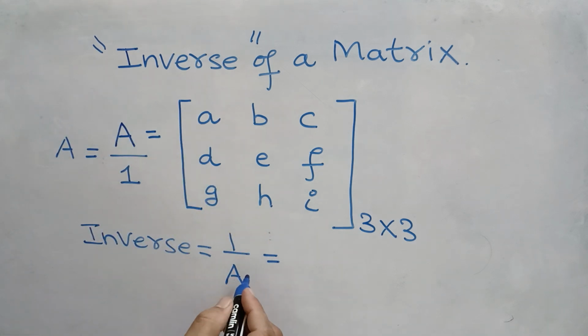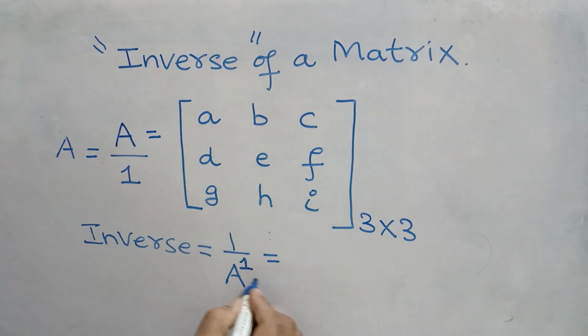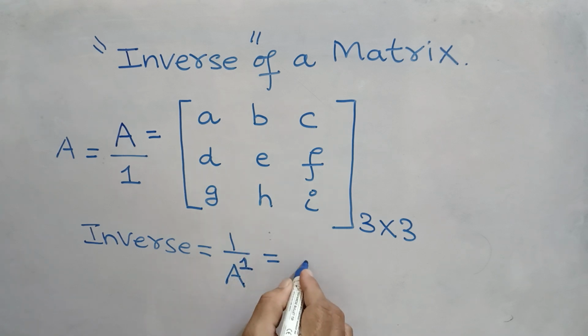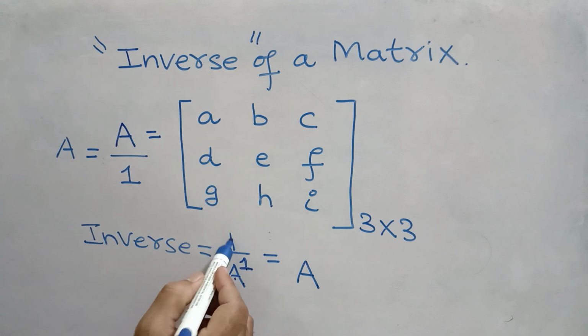This also can be written as, so what is the power here? The power of A is 1. If nothing is there, it means A power 1. A power 1 is in the denominator, and 1 is the numerator.